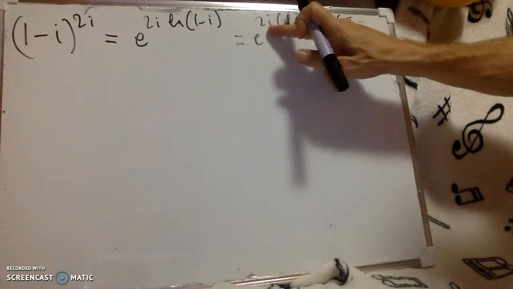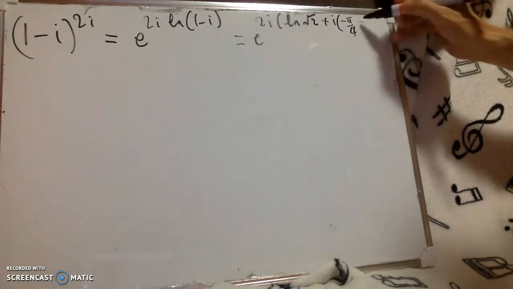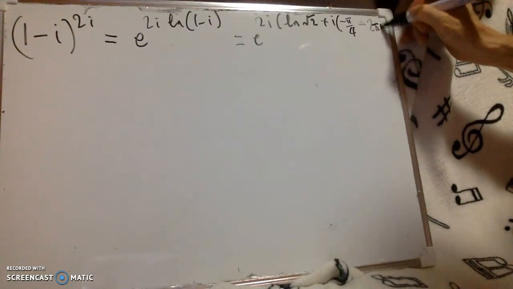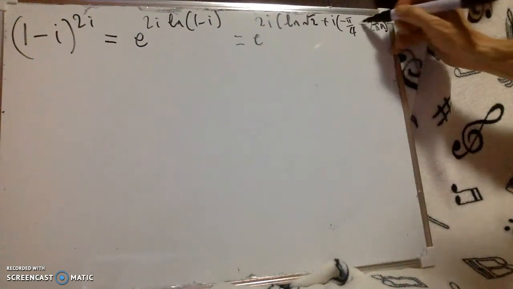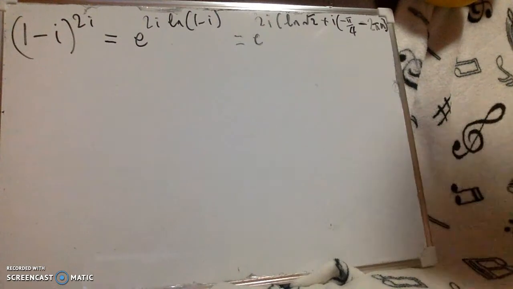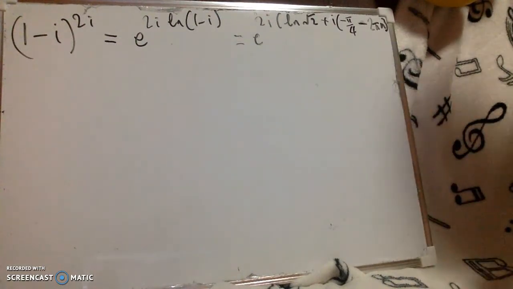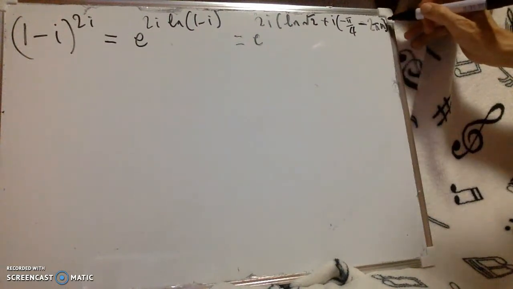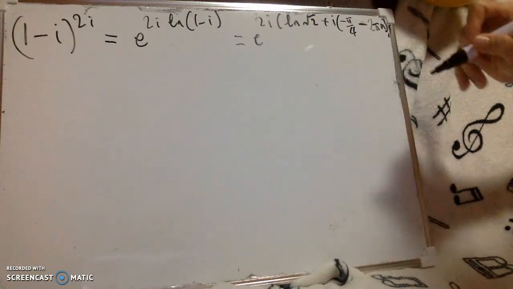Why am I doing this? Just because I know I've got i times i, which is giving me a minus sign anyway. This makes the final expression look nicer. So I've got the minus 2 pi n there, and all of this is in brackets as well, with another bracket at the end.